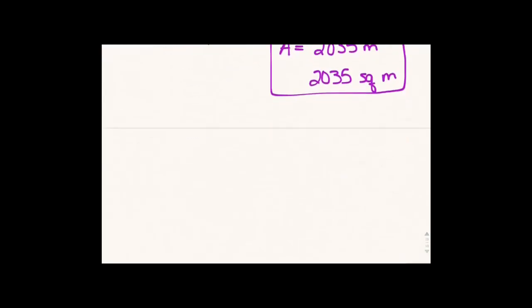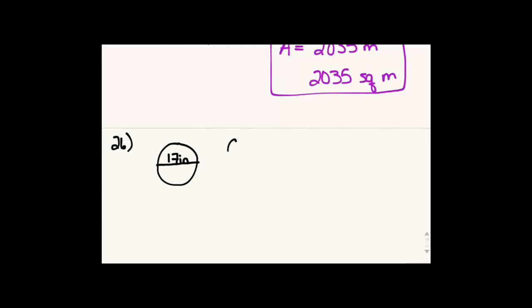Okay, the next one, number 26, asks us to find the exact circumference and the exact area of a circle with a diameter of 17 inches. So we have a circle. The diameter's all the way across, and it's 17. We want to find exact circumference, which means we leave everything in terms of pi.